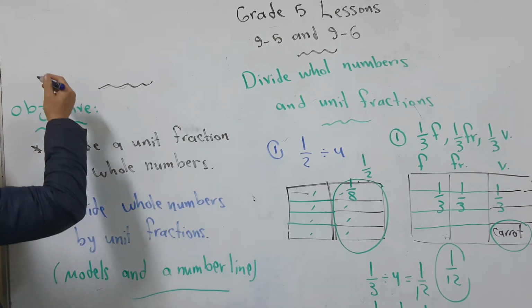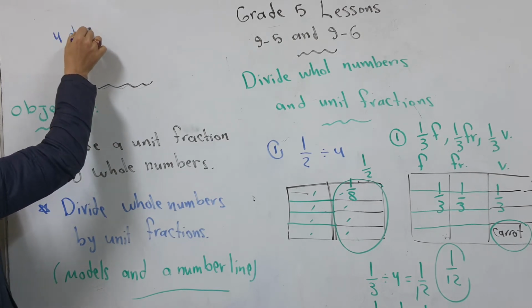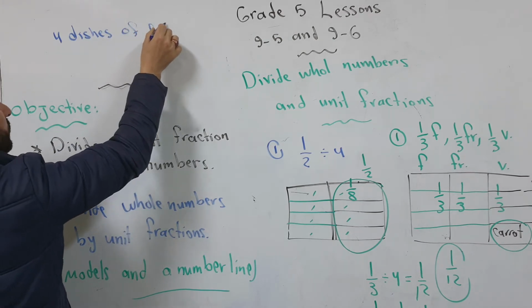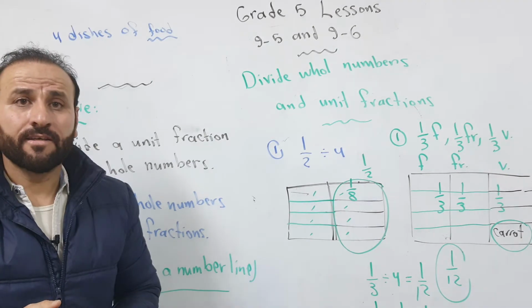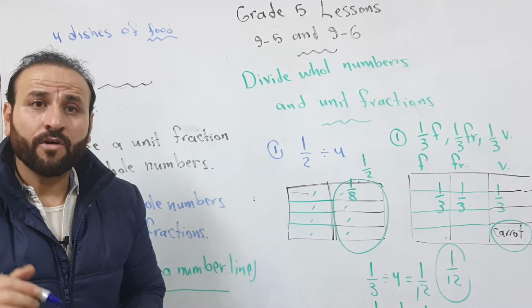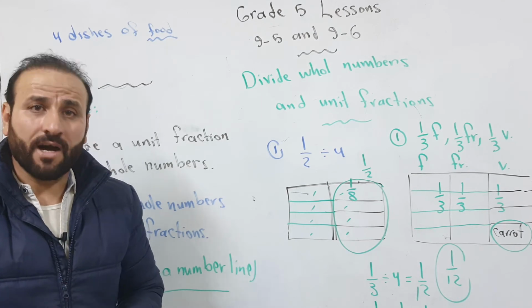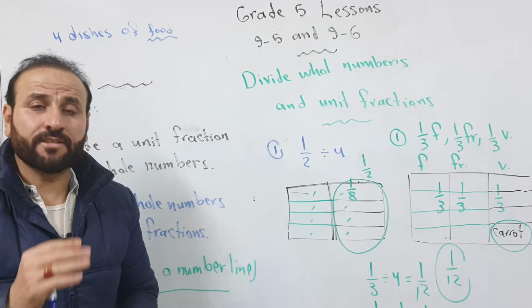If I have 4 dishes of food, and I want to make from each dish 3 equal parts, 3/3.